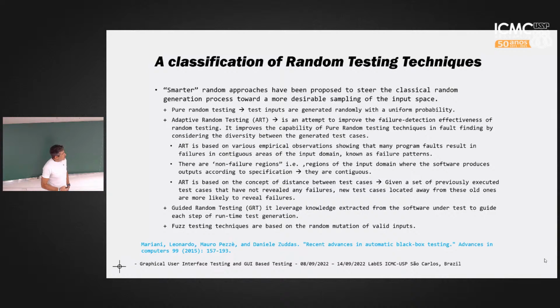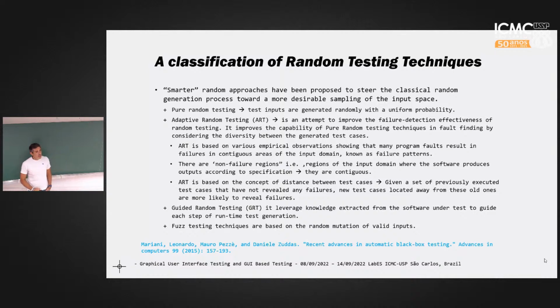So, according to this classification, we can consider pure random testing, where the test inputs are generated randomly with a uniform probability. Okay. Then we have an extension, or an improvement, of pure random testing that is defined adaptive random testing, or ART.